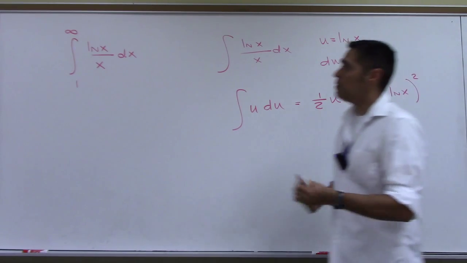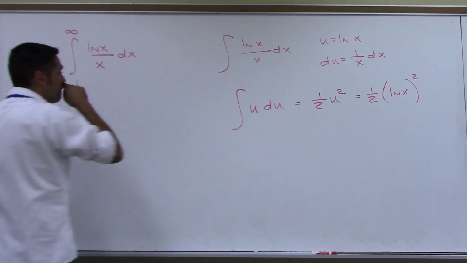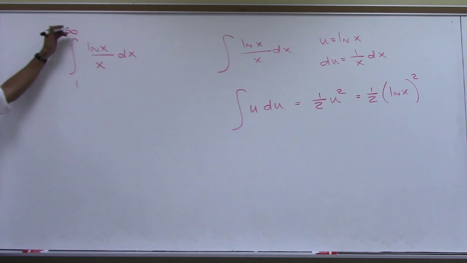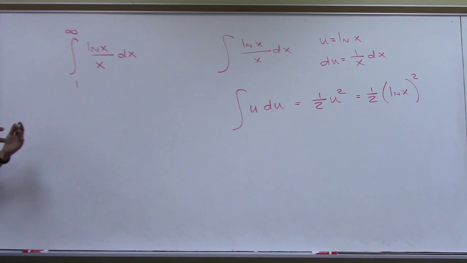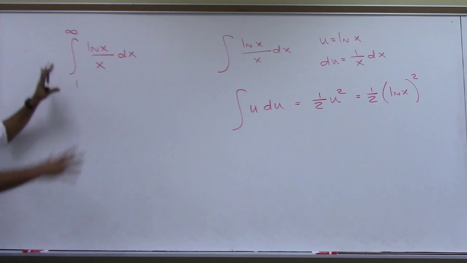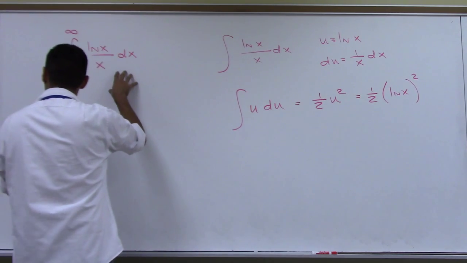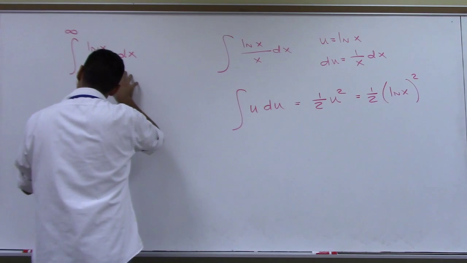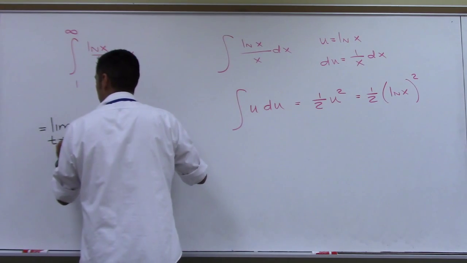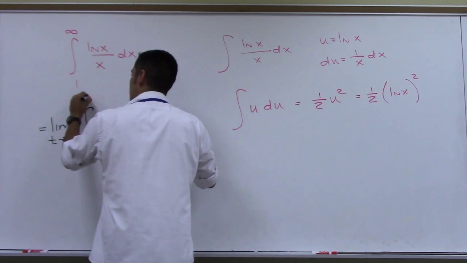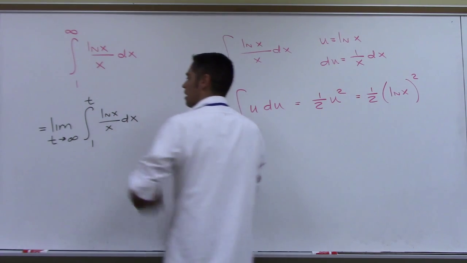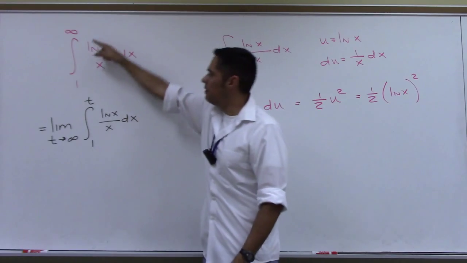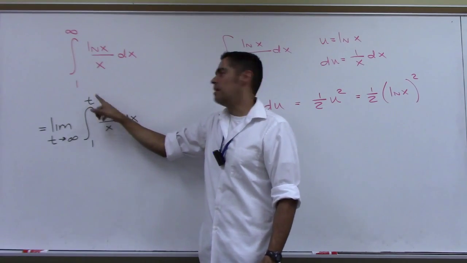All right, now we go back here and we just do this now. But this was called an improper integral because one of the limits was infinity. So whenever we saw that, we had to change the integral into a limit. So I'm coming back to this now, and I'm going to say this is equal to the limit as t goes to infinity, integral 1 to t of natural log x over x dx. That look familiar? We replace the infinity with t, and then do the limit.